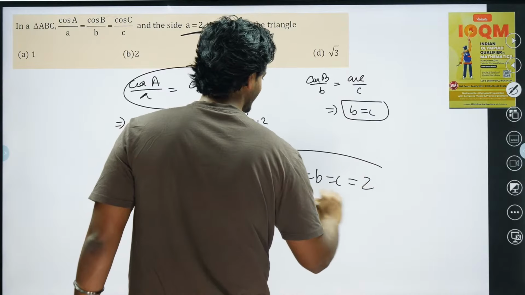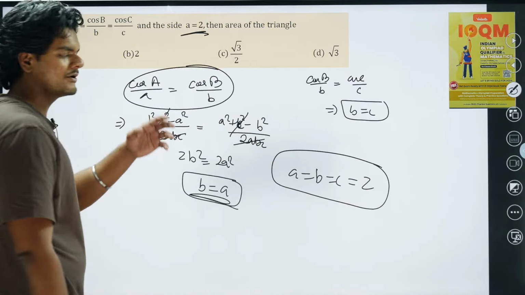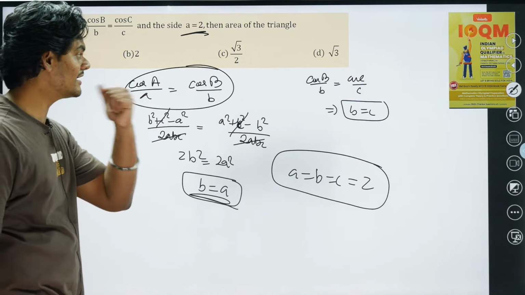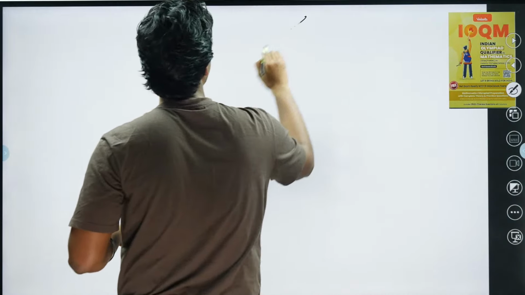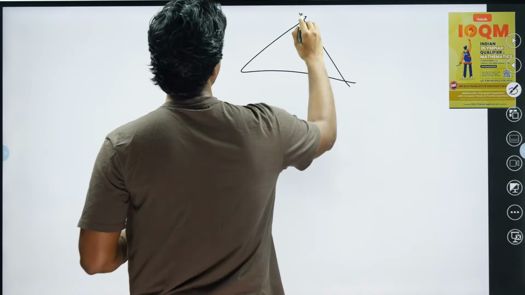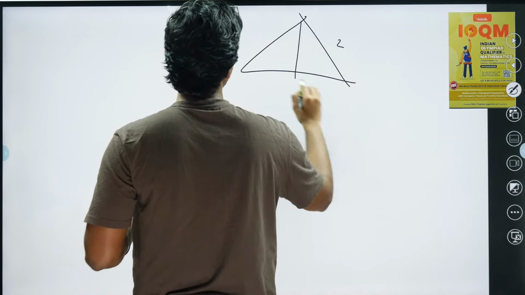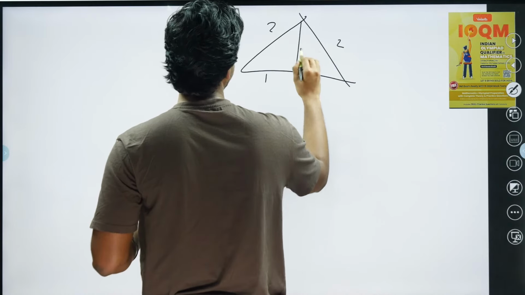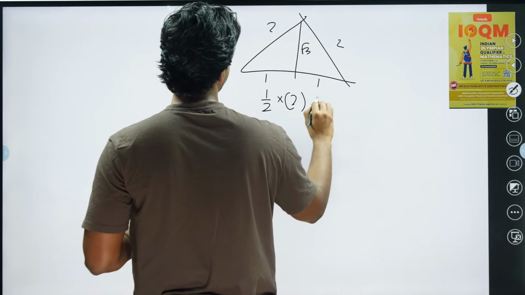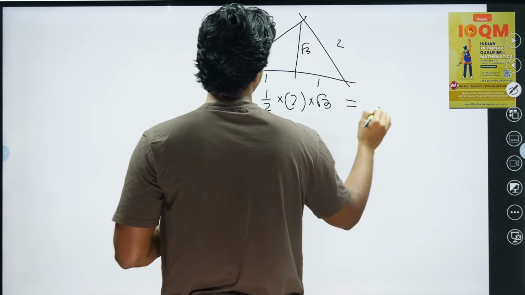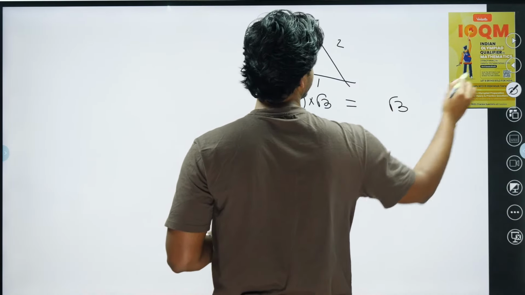So this is an equilateral triangle. So what is the area of an equilateral triangle? 2, 2, 1, 1. So if that is 1, this is root 3. Half into 2 into root 3. Root 3 should be the answer.